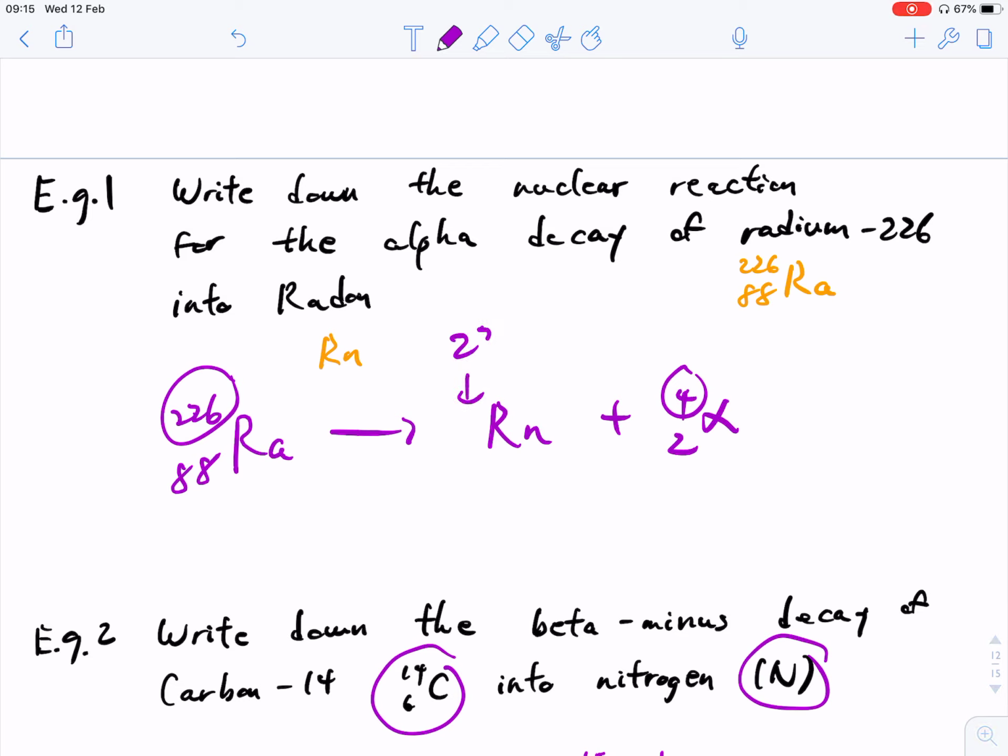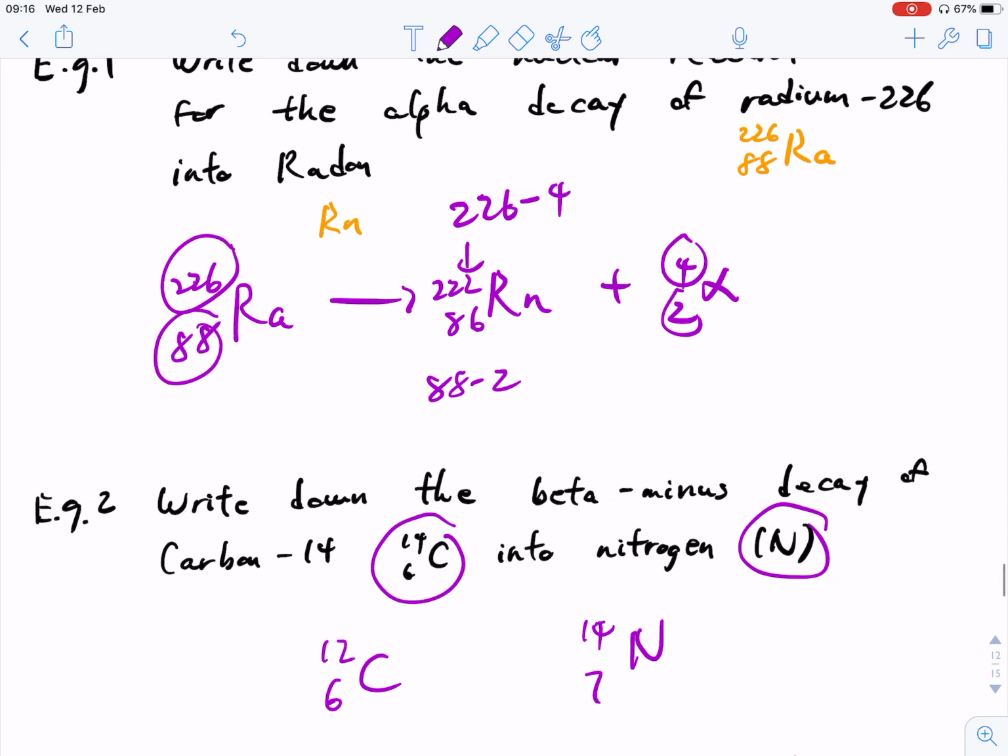So 226 minus 4 is 222 nucleons. And then 88 minus 2 is going to be the number of protons in radon. Okay, so pretty straightforward, I hope.